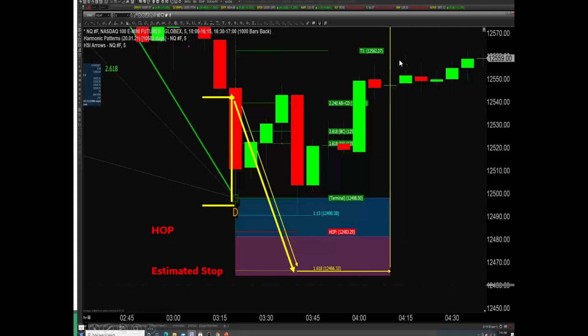You'll see target 1 and it'll seem almost a distance away, but that is how you line up the difference between the hop level and target one, knowing that our entry is in this area. Where's the confirmation? In this case, it was a little bit higher, but the HSI will dictate exactly where in this zone for each pattern, no matter what the pattern. And we will relate that to target one and the hop level. Take a look at a couple more here.